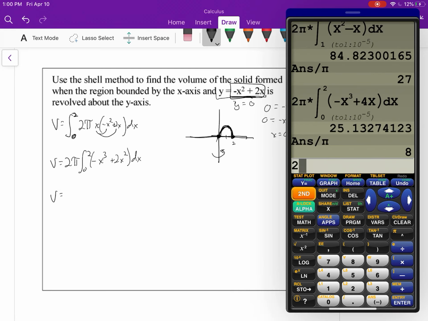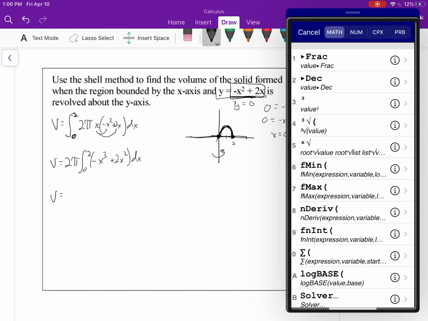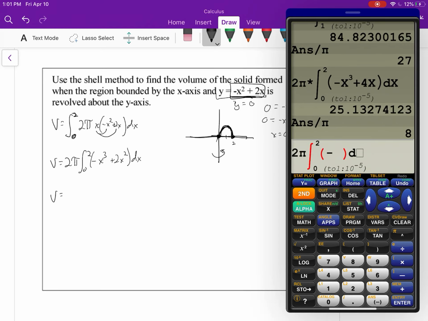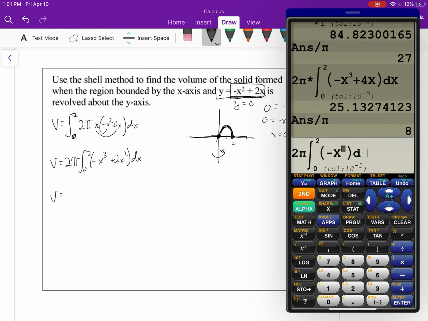So let's see if we can do it without messing up this time. 2 pi times the integral from 0 to 2 of negative x cubed plus 2x squared dx.